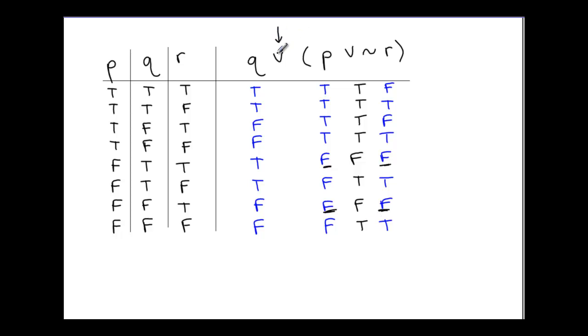And then to fill out this disjunction column, we're comparing this column with the answer for this set of parentheses, which was this disjunction column. Let me highlight those so you can see them a little better. So we're looking here and here, and if I have the disjunction between those two statements, then we again look for where both statements are false.